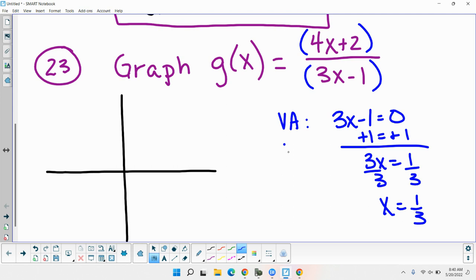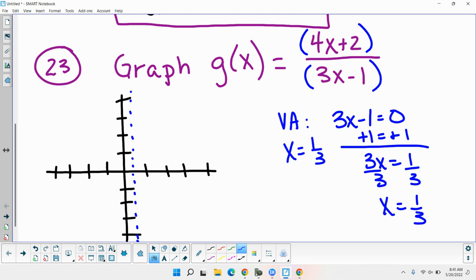So that's our vertical asymptote. So if I put some marks on here. Okay, 1/3 is just past 0. That's the vertical asymptote, so that would be a vertical dashed line through the 1/3 on the x. Okay?